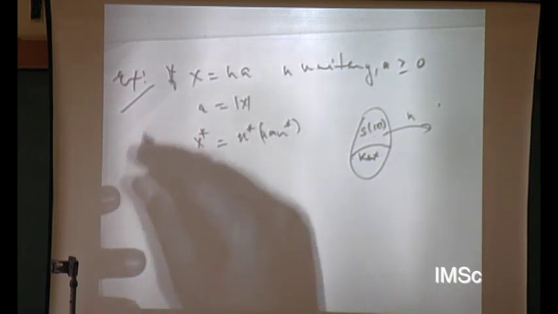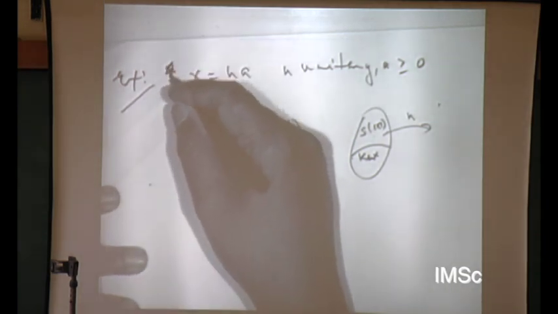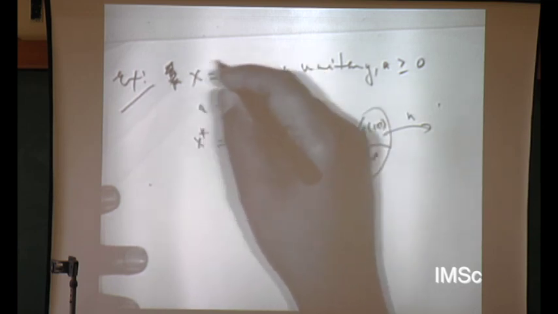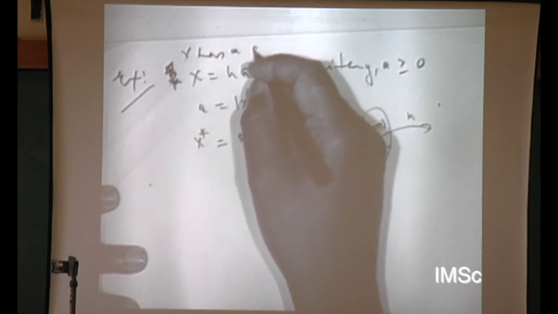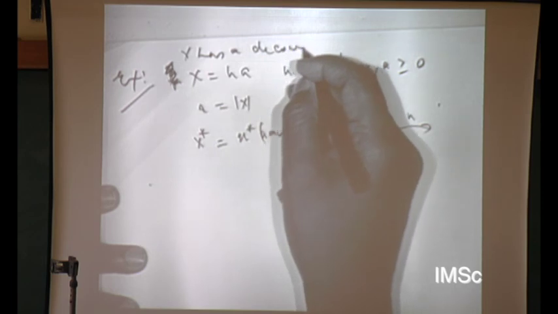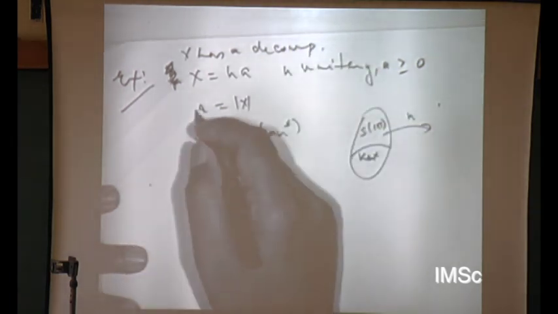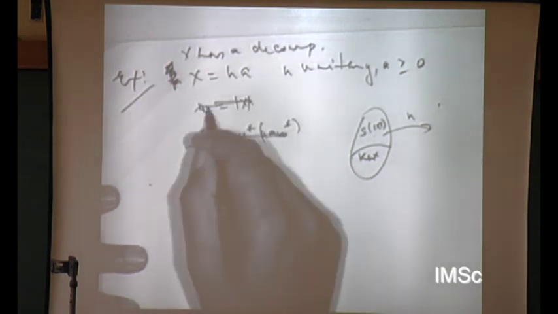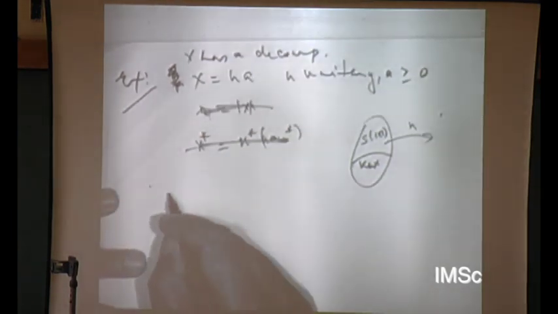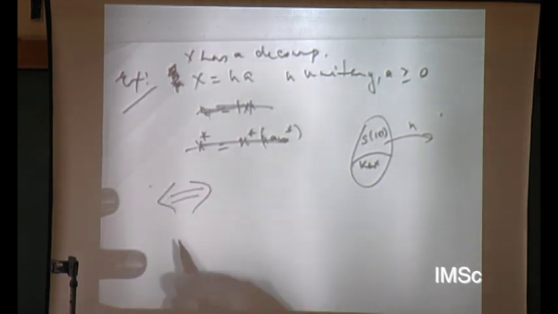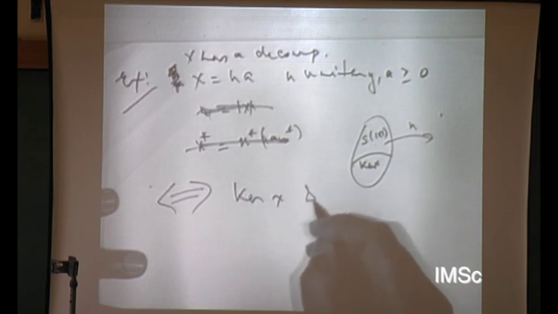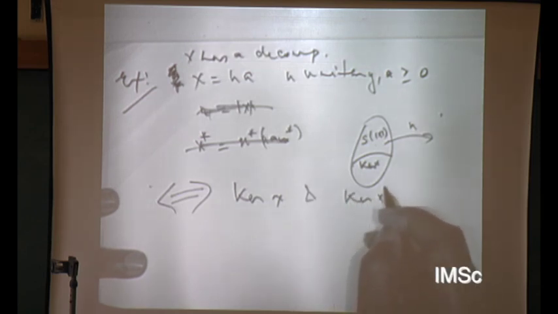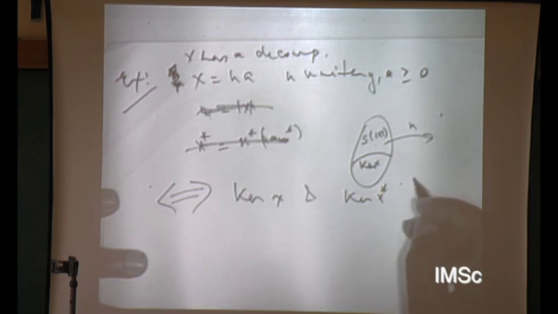Okay, so what am I saying? I'm saying that X has a decomposition X equal to UA, where U is unitary and A is positive, if and only if kernel X and kernel X star have the same dimension.